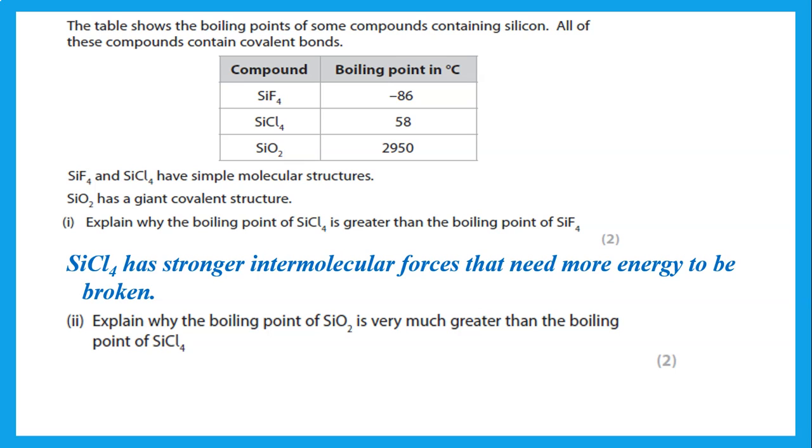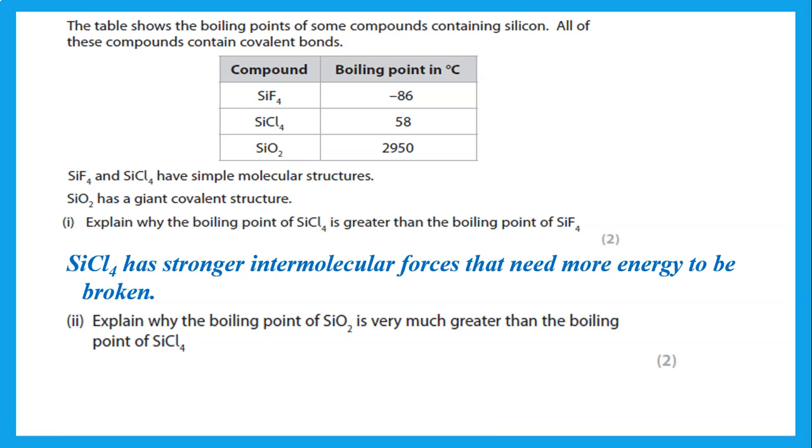So both of them are covalent, both of them are simple, so both of them have weak intermolecular forces, but if one has higher boiling point than the other, then the one that has higher boiling point has stronger intermolecular forces, or stronger attraction forces between molecules, that need more energy to be broken.